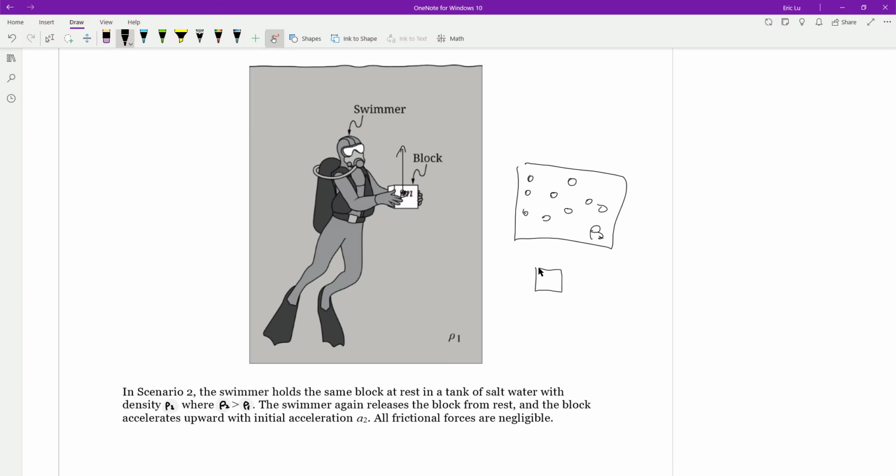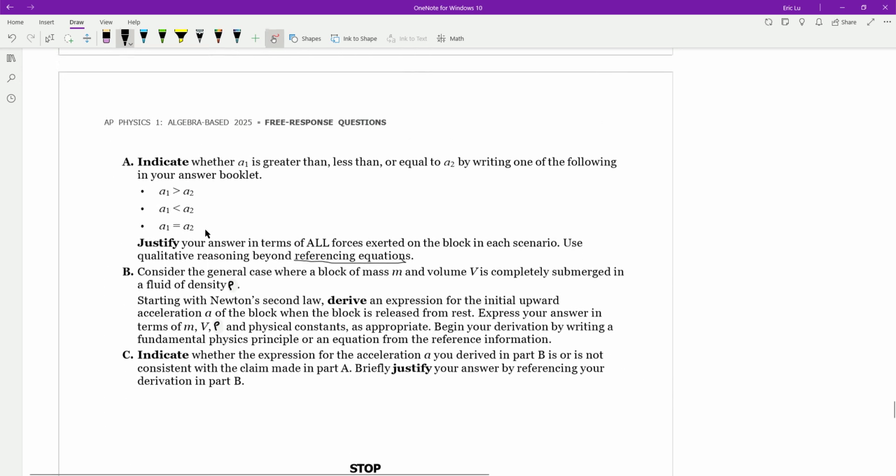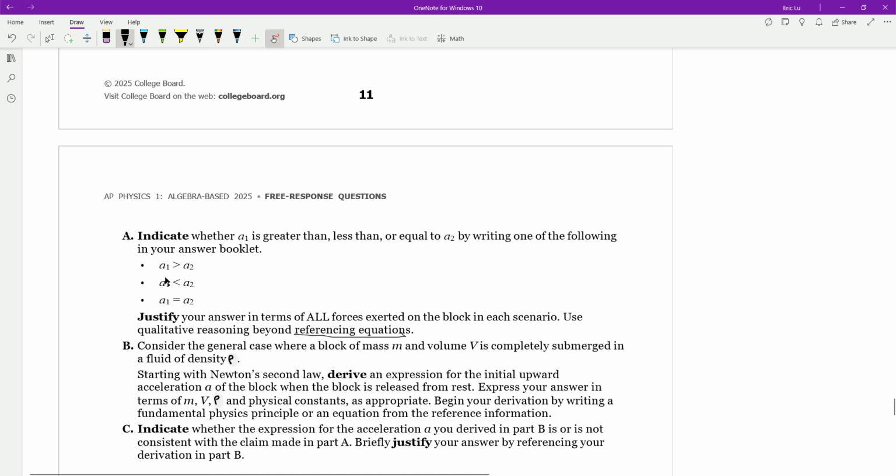So a block in that pool will have more molecules below it pushing it up, which means a higher pressure below it, which leads to a higher force upwards. So therefore, the acceleration a2 should be bigger than a1. So that would be your answer.